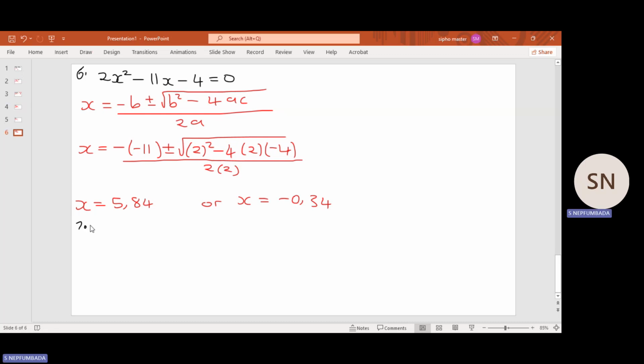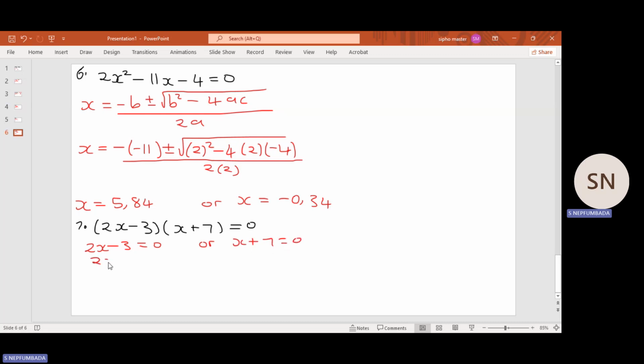Let's say the next one, we have 2x minus 3 multiplied by x plus 7 is equal to 0. On this one, it's in the form of a times b. We told you guys that we take the first one and equate it to 0, or we take the second one and equate it with what? With 0.